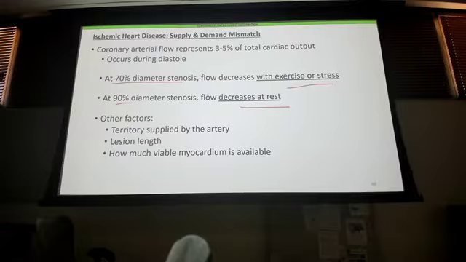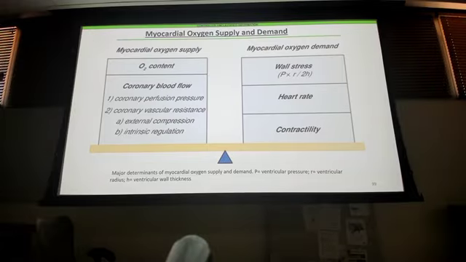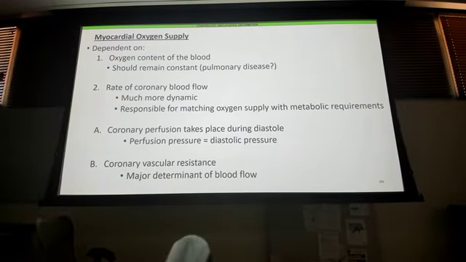And we talked about the seesaw of your oxygen supply and your oxygen demand. The goal is for the coronary arteries to at least meet that demand so you don't start to develop ischemia and have to develop anaerobic metabolism. The things that can affect your oxygen supply are, one, how much oxygen is in your blood in the first place.